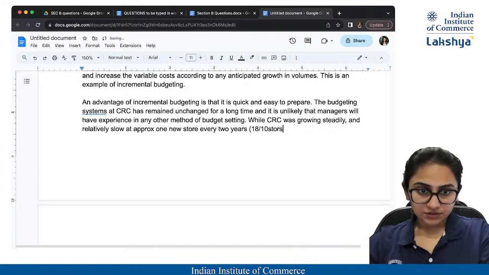It did 10 stores, so approximately 1 new store every 2 years.